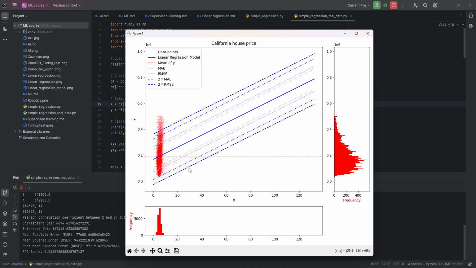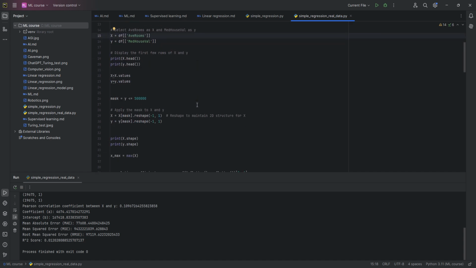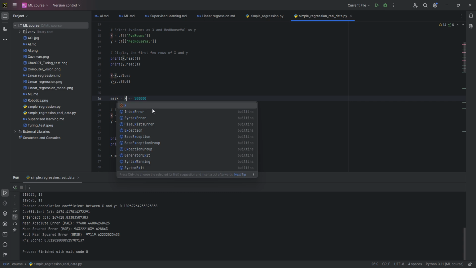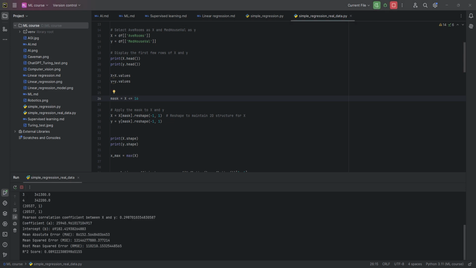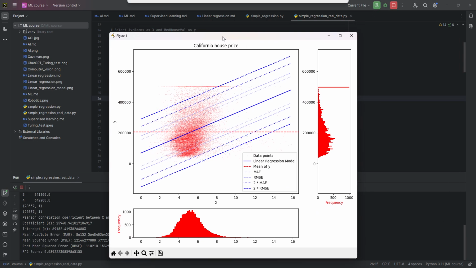So to have a better look at this data, we need to get rid of these points that are maybe above 15. So let's go to the filter, and then we change our mask to X below 16, and then let's run it again.